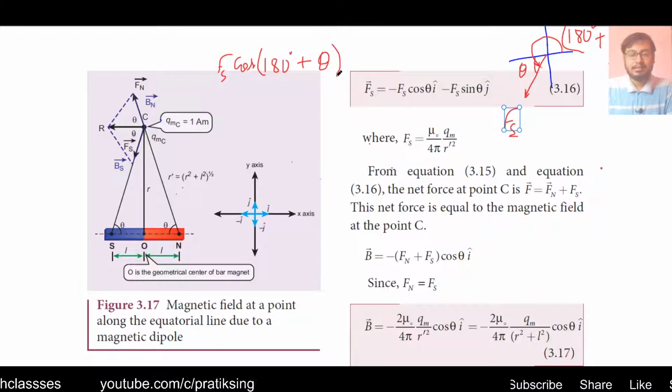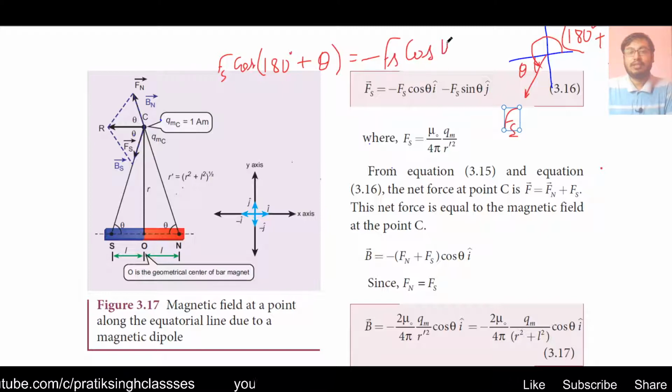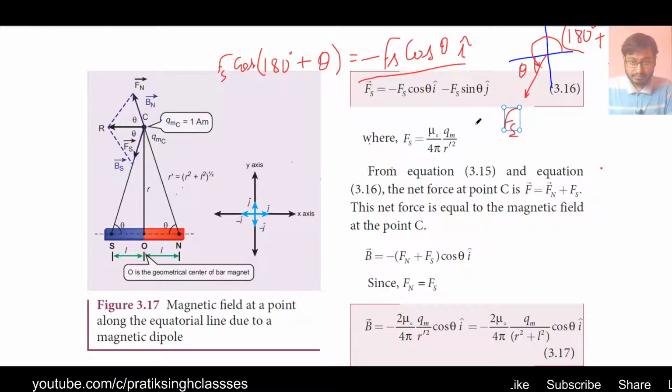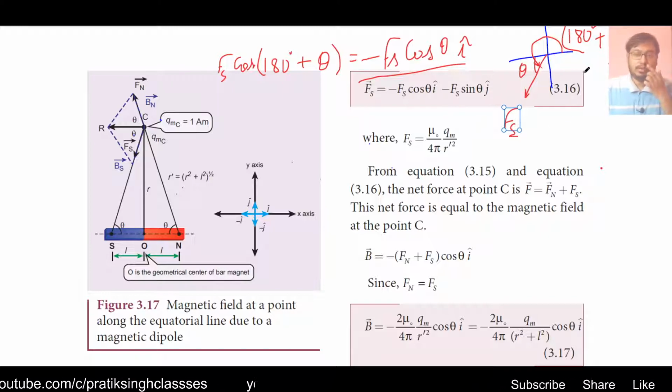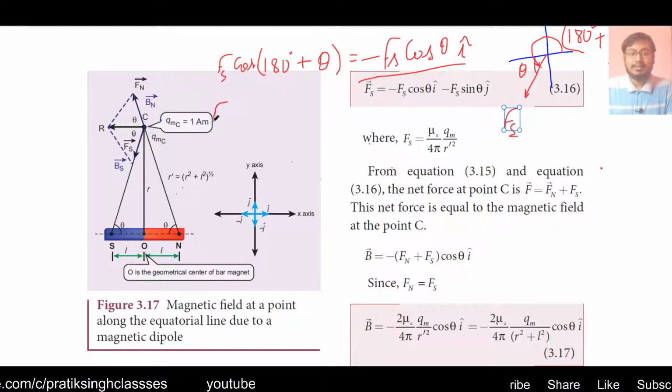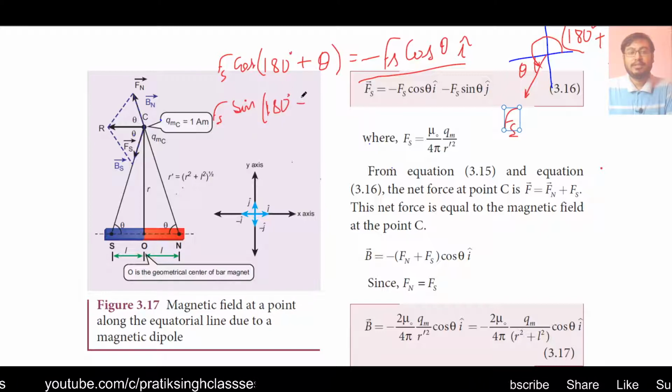Just writing the magnitude, it is equal to minus Fs cos theta, because in the third quadrant cos is negative, and also because it is the x-axis component, we can write here i cap to denote it in vector form. Likewise, the y component of Fs can be written as this one, Fs sin of 180 degree plus theta.